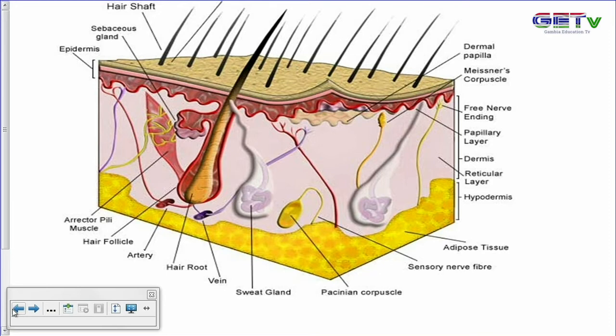They go deep down into the dermis, and then we have the veins, which carry blood, and also help you respond to impulses in the body, and also the sweat glands. When you do a lot of exercise, the sweat glands help to excrete some of the sweat. And then there are these different parts we are going to be looking at.